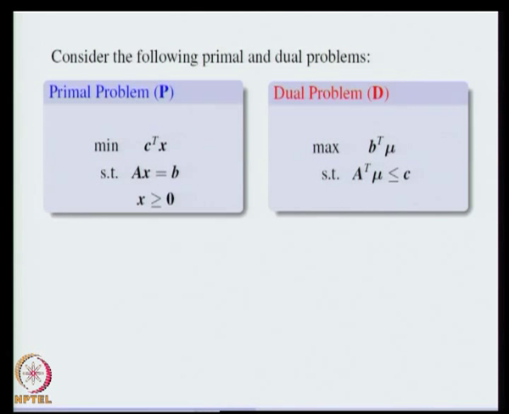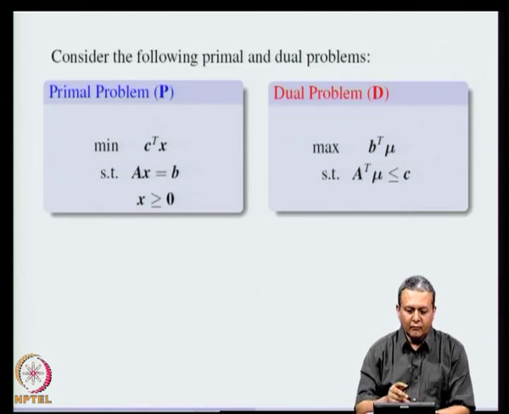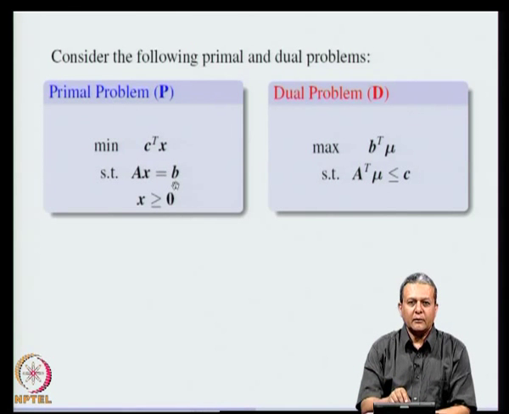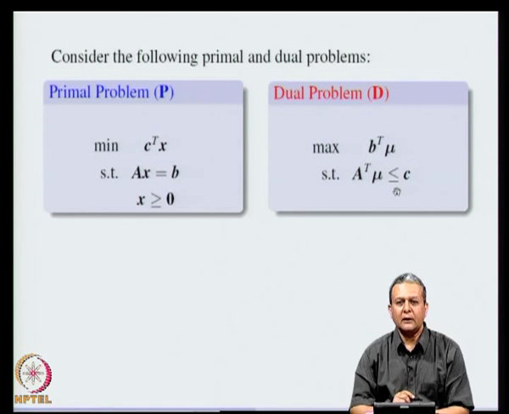Now, let us again look at the primal dual problem relationship. We have the standard linear program on the left side and then the corresponding dual program on the right side.